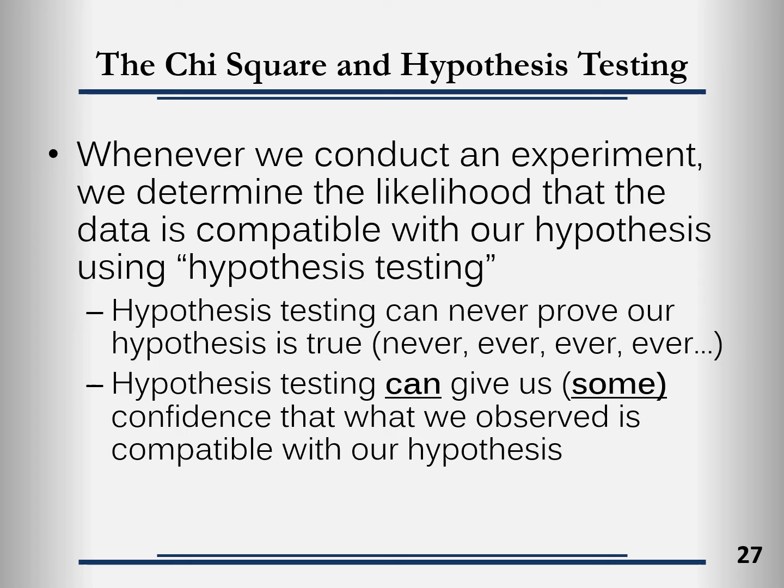We are never doing that. We are not in the business as scientists of proving hypotheses true. That is not the goal. Hypothesis testing, however, can give us some confidence that the data set we have is compatible with the hypothesis we hold.